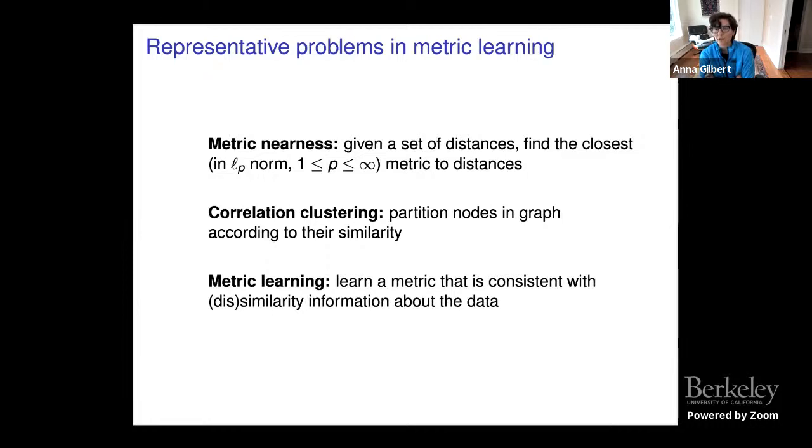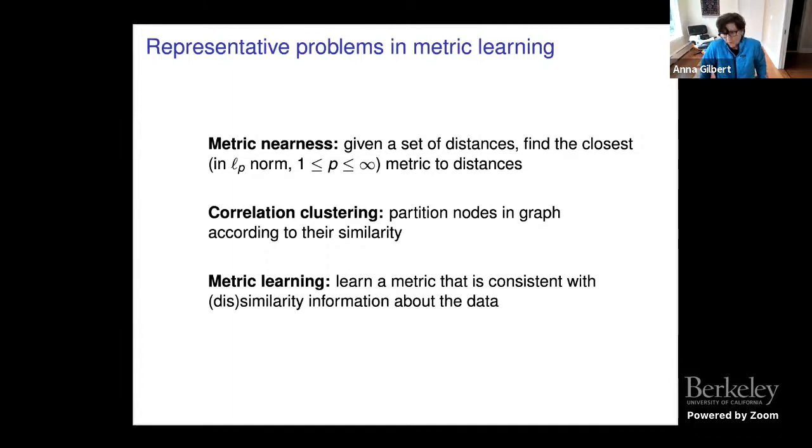The first one is metric nearness, which is, given a set of distances, find the closest metric to these distances in some LP norm, closest in L1 or L2. This is a setting where the input to the algorithm is a set of distances. They may have been corrupted in some way, they may be completely inaccurate values, etc.